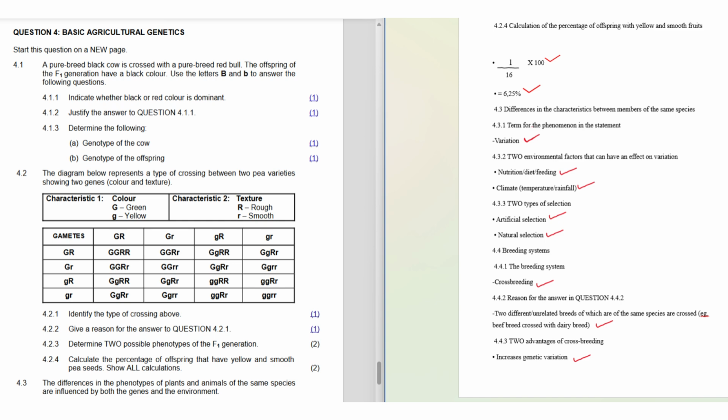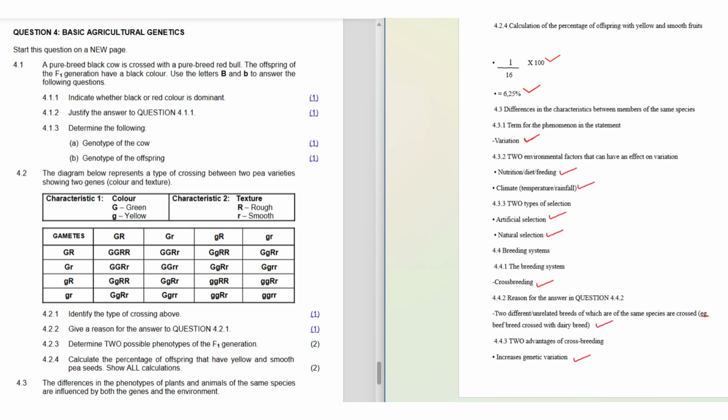So step one for getting to the answer, we need to understand that a yellow seed is made up of a recessive allele, small letter g. And a smooth texture is made up of a small letter r.